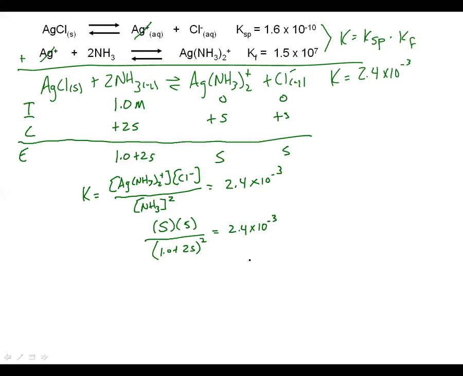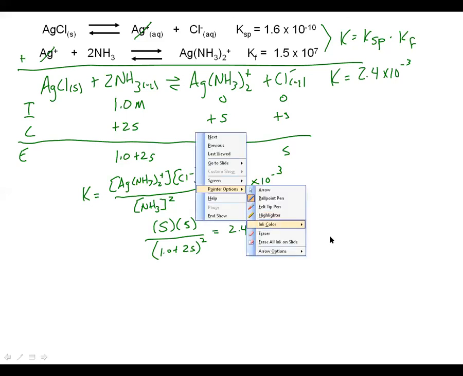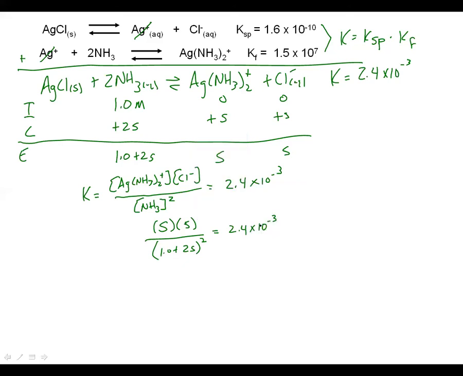We do want to solve for S here. Hopefully you could recognize if you look at that, that is a perfect square on both sides. You can take a big square root on this side, a big square root on that side. And that's going to give us S over 1 plus 2S equals the square root of 2.4 times 10 to the minus 3.